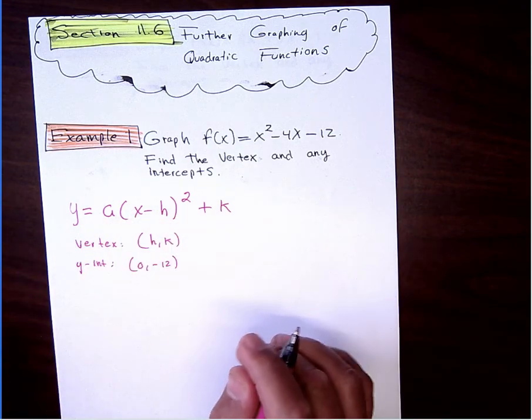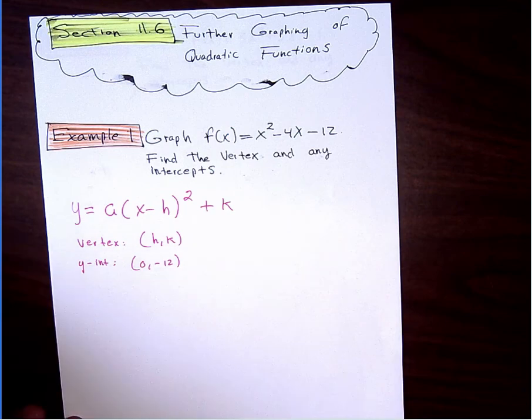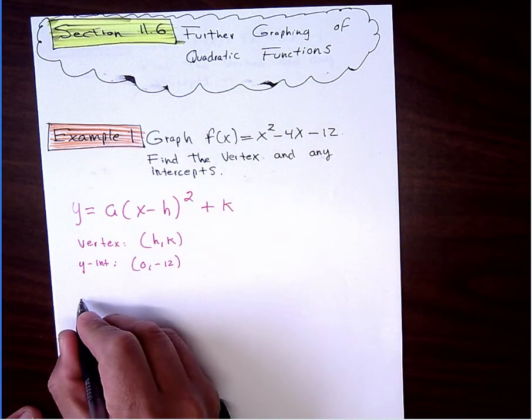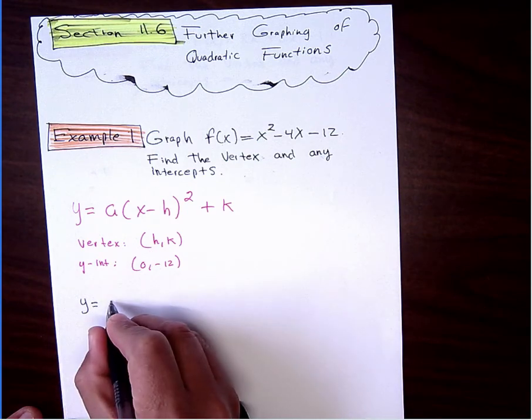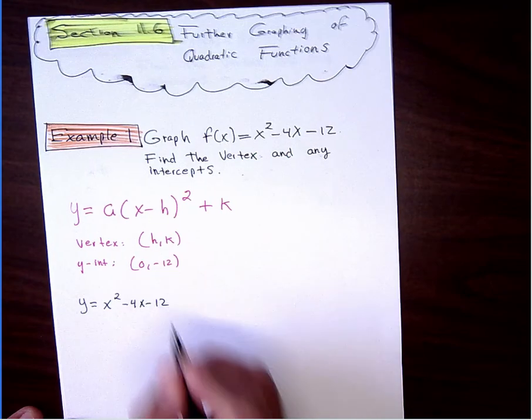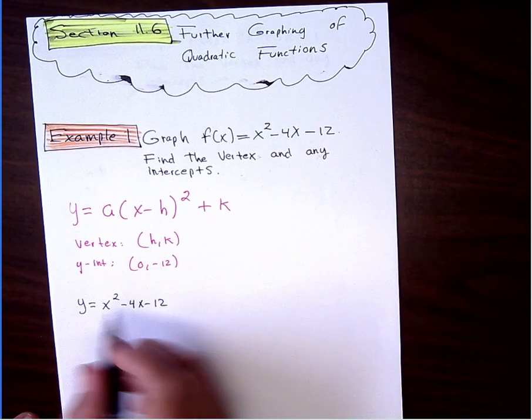But let's find this form using that. So I'm going to make this a y instead of an f of x. So I'm going to make that y equals x squared minus 4x minus 12. So I'm going to complete the square.